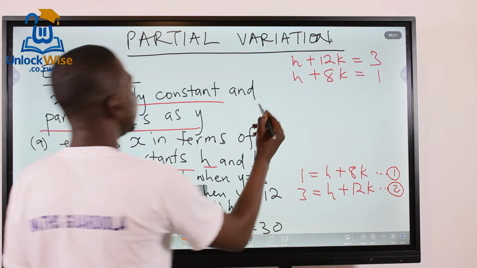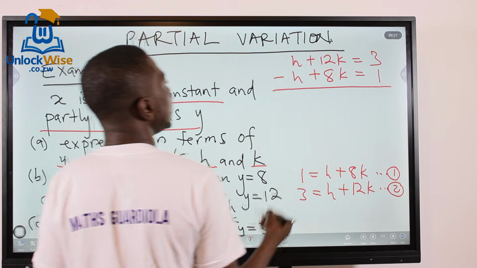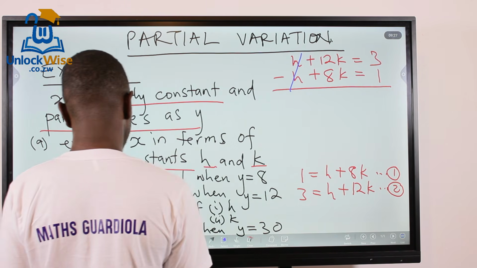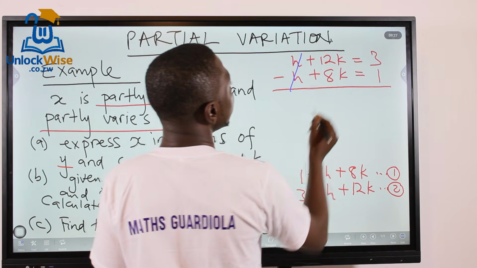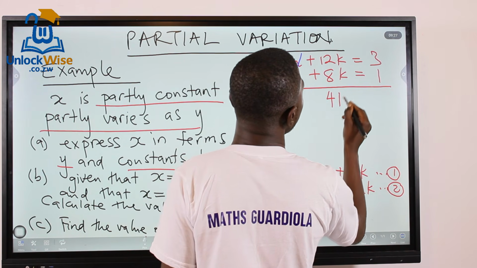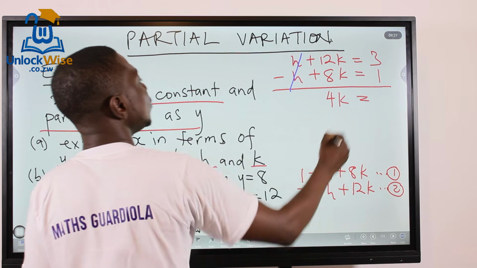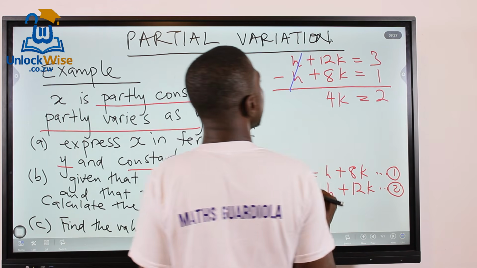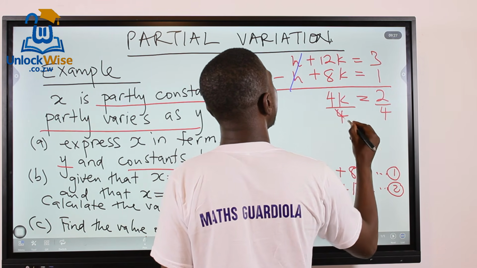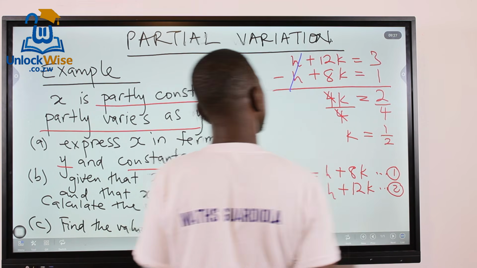So h minus h cancels, and I remain with 12 minus 8, which gives me 4k, equal to 3 minus 1, which gives me 2. If I divide both sides by 4, k is equal to half.